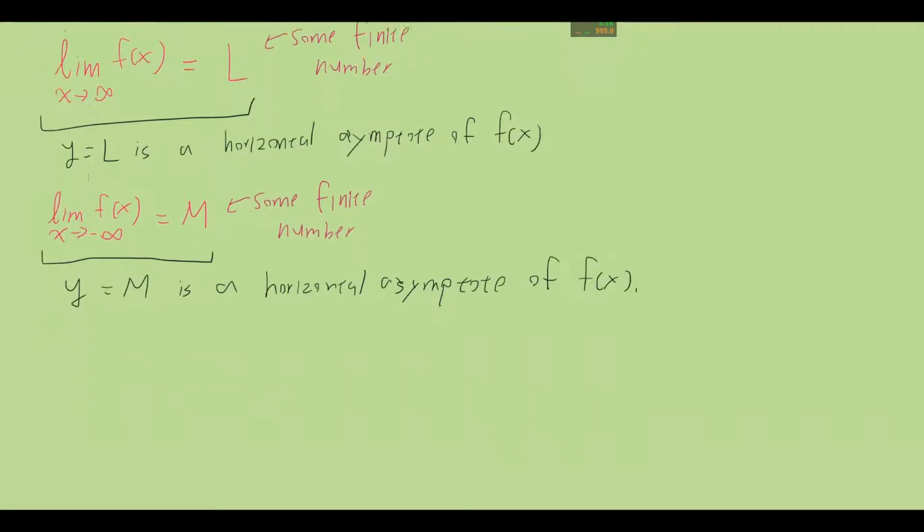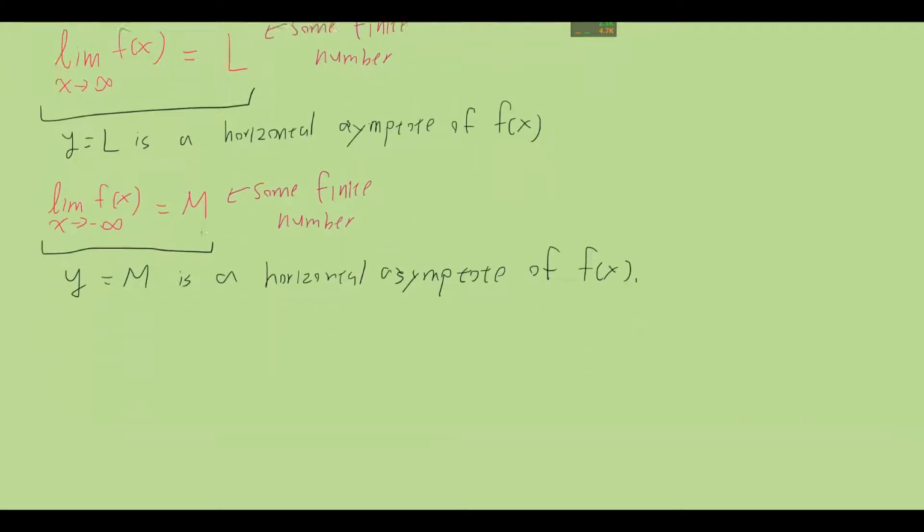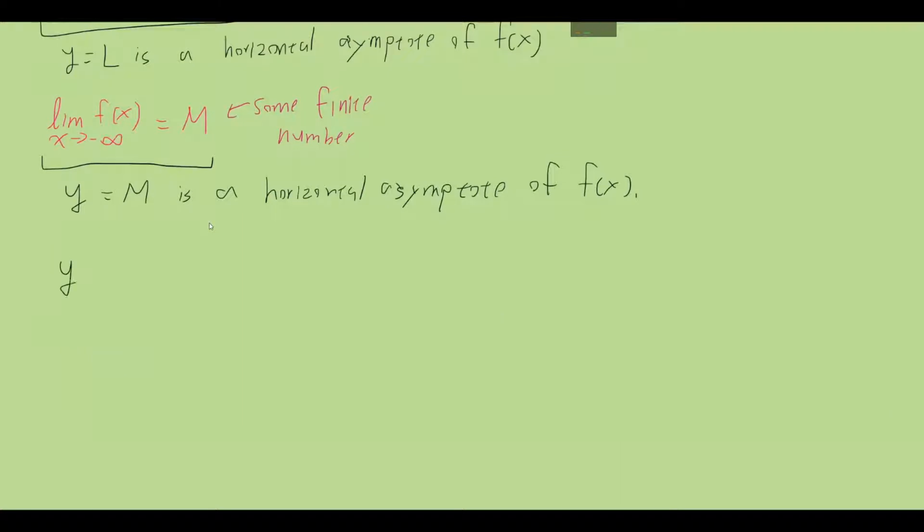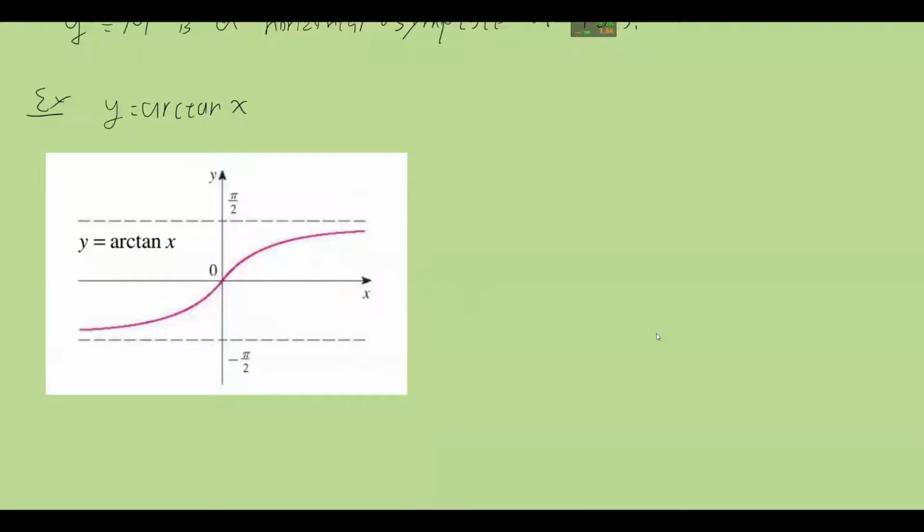Okay, so let's take a look at a picture of y equals arctangent of x. Okay, so here is the graph of arctangent, and you can see that as x approaches positive infinity right here, the y value is approaching pi over 2.